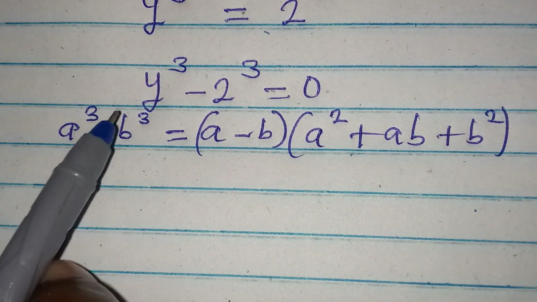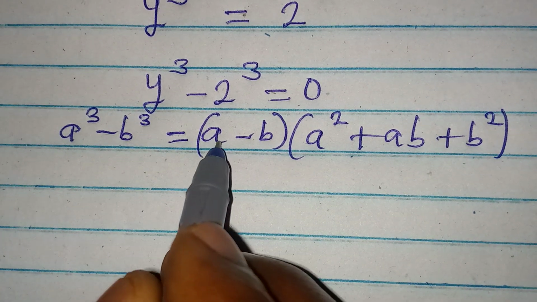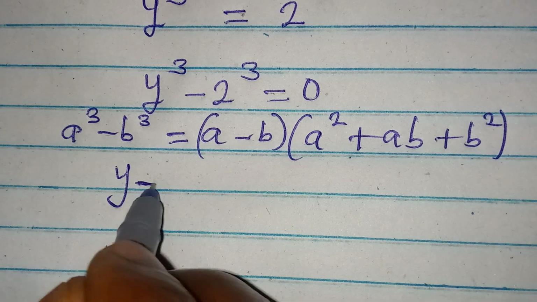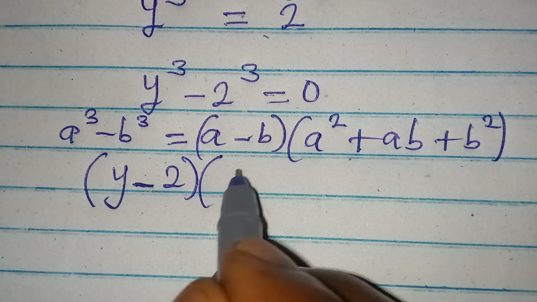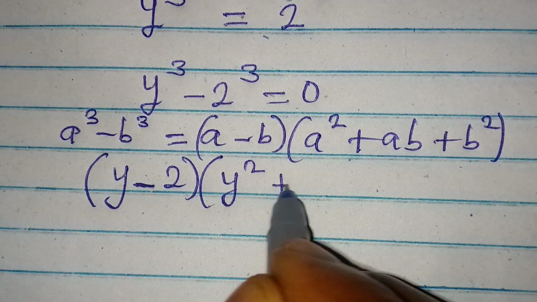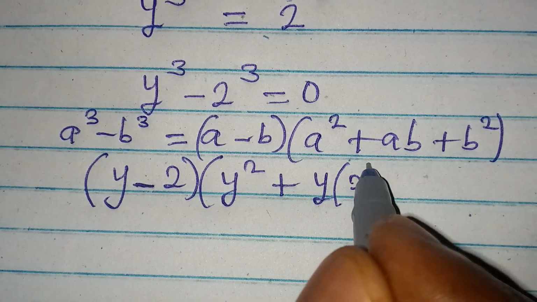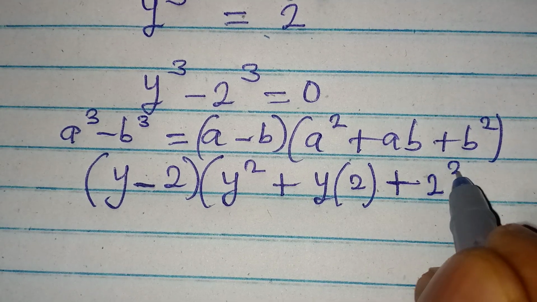Now our a is y and our b is 2. So in place of a here now, I'm going to have y, then minus 2, right? Then into a squared will be y squared, then plus ab will be y times 2, then we have plus 2 squared.